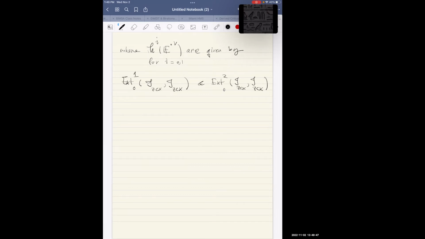Therefore, when you do calculations, we can find a combinatorial T representation, or torus representation, of E dot as follows.